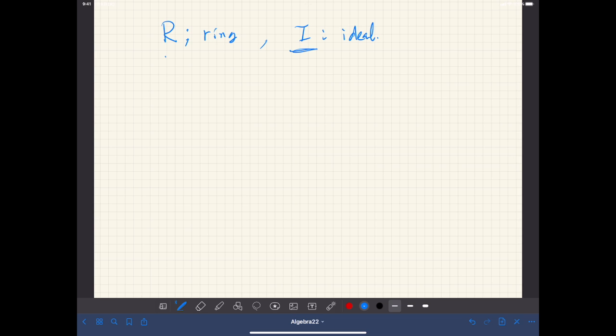So based on this ideal, we can define cosets. For any element x of the ring R, we can define x plus A. Oh, it's not A, it's I. So this is a coset of I containing x.